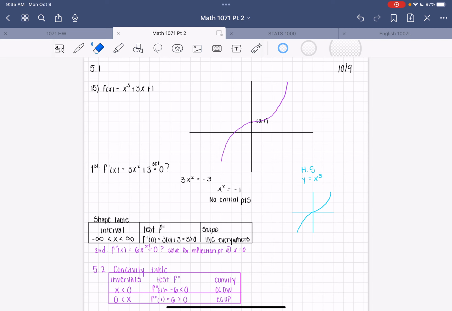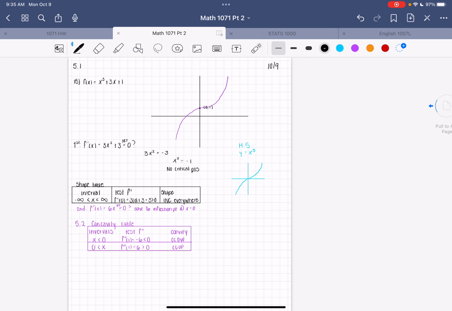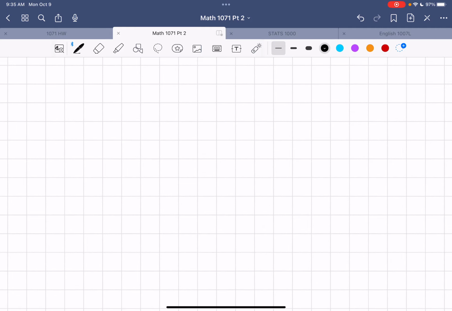Let's take a look at 21, which is similar. 21 is very similar to the number 15 we did, only instead of plus 3x, it's minus 3x. Notice how that's going to change things.